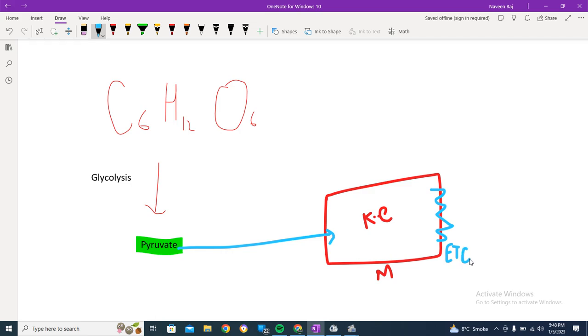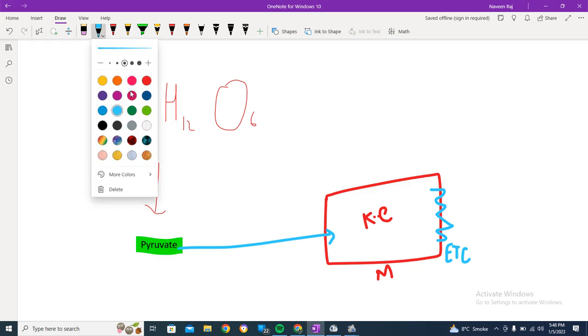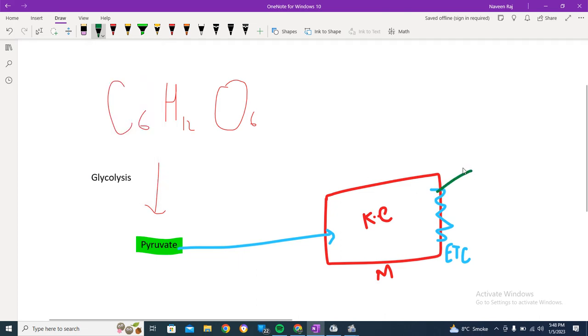Now what will happen is that, as a result of the Krebs cycle, I'm not describing the whole process, I'm just describing the results.